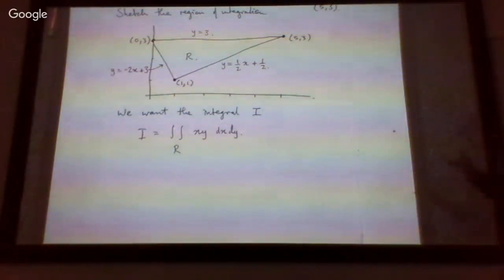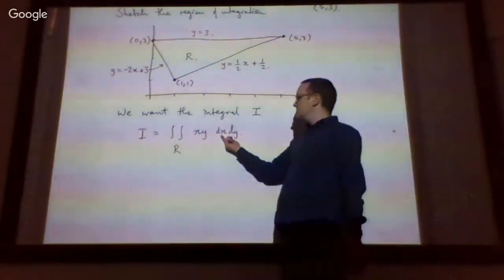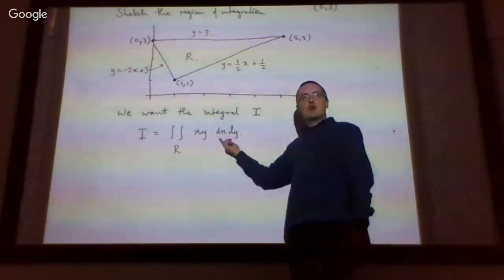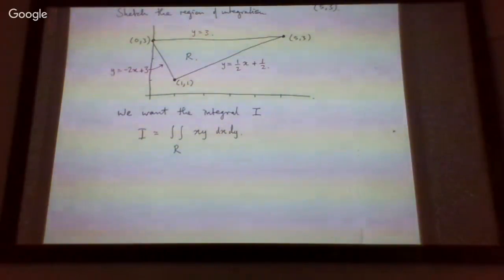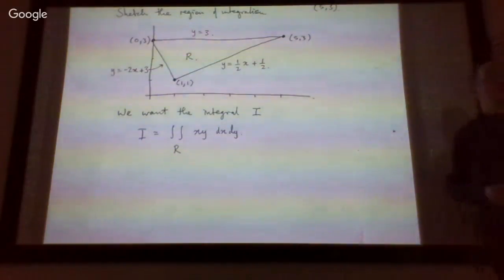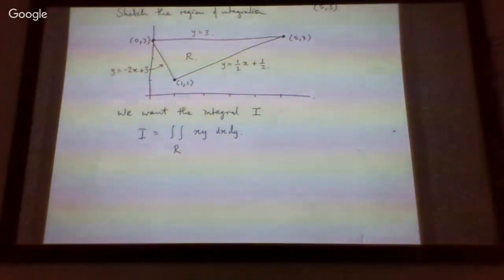And we're free to think a little bit about how we're going to order the integrals, whether x is the inner integral and y the outer one, or the other way around. So we have to think about dividing this region R into horizontal strips or vertical strips.